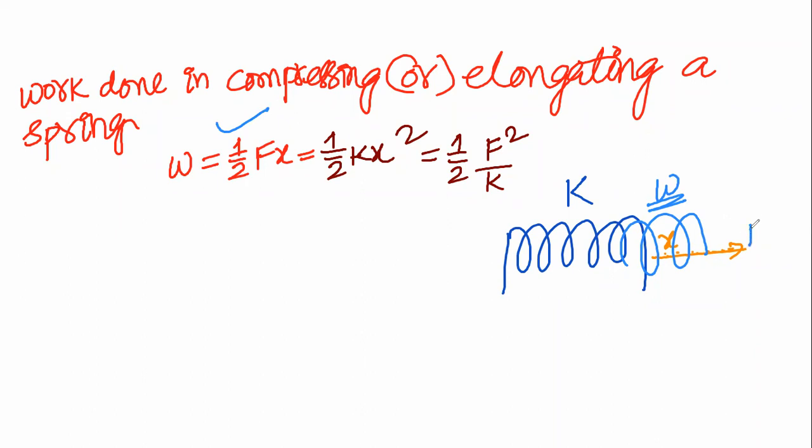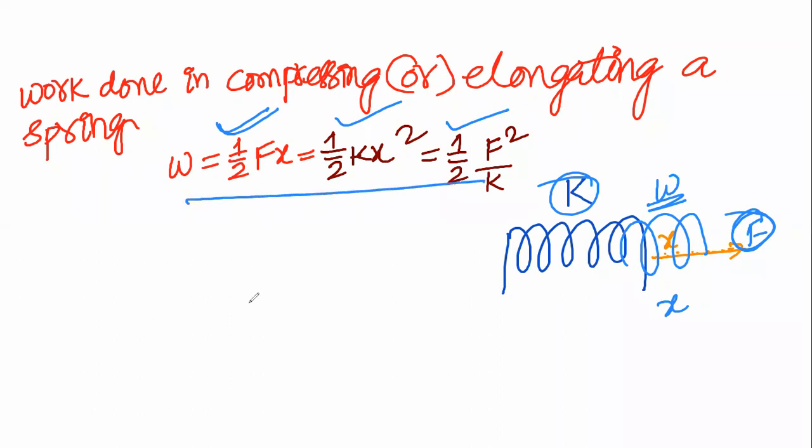F is the applied force, k is the spring constant, x is the displacement. So half Fx, or half kx squared, or half F squared divided by k. These are the formulas for compressing or elongating a spring of force constant k.